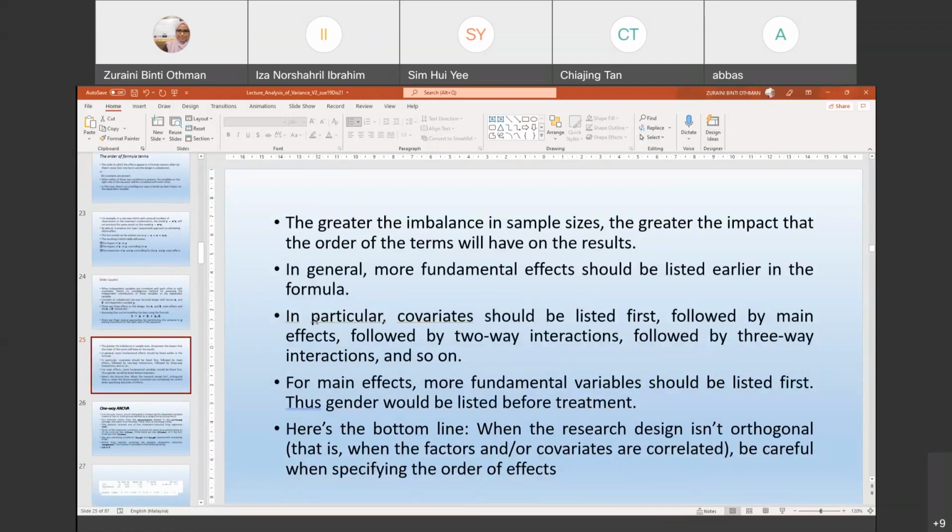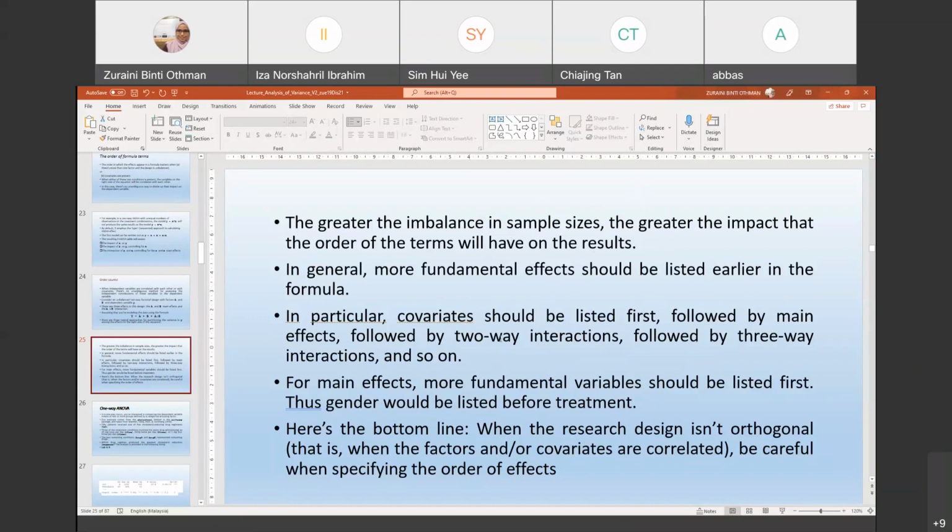For example, if the sample size for CBT just now is greater than the sample size for EMDR, we can notice that the impact of CBT will be greater than EMDR.